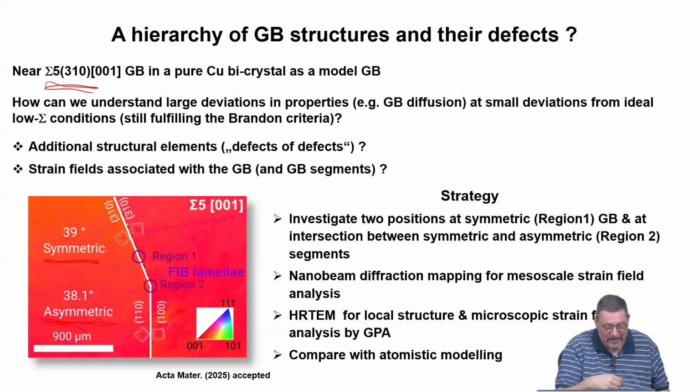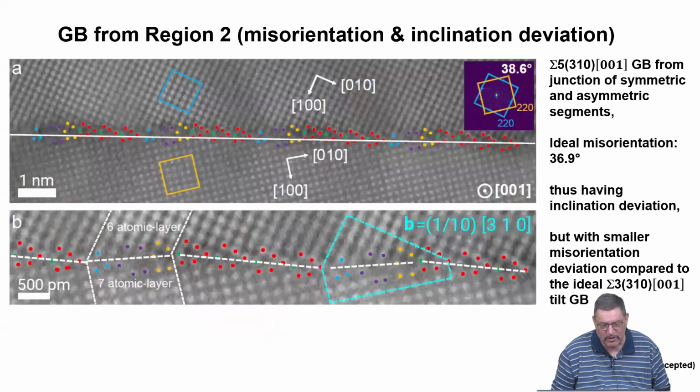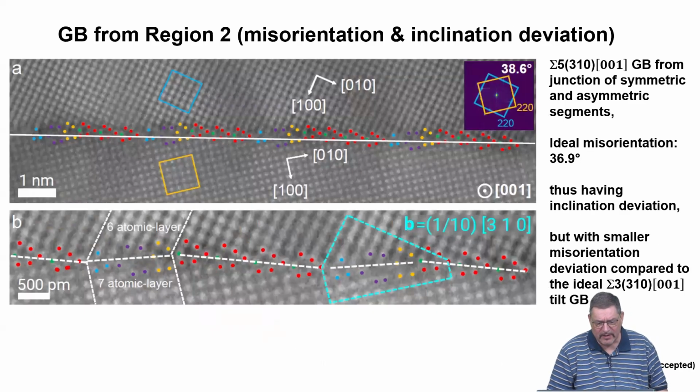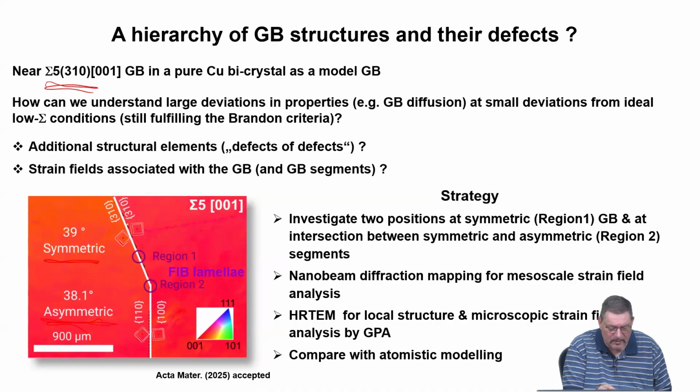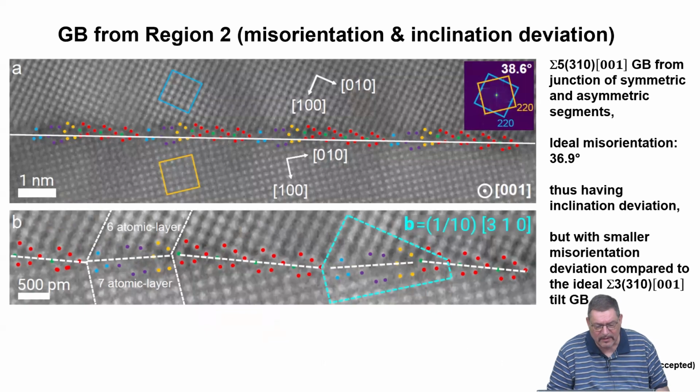Then we investigate these two regions just to show you how the change in inclination, going from symmetric to asymmetric boundaries, changes the structure. So here we directly go to region 2. This is at the junction between symmetric and asymmetric parts, and this is a high resolution STEM image.